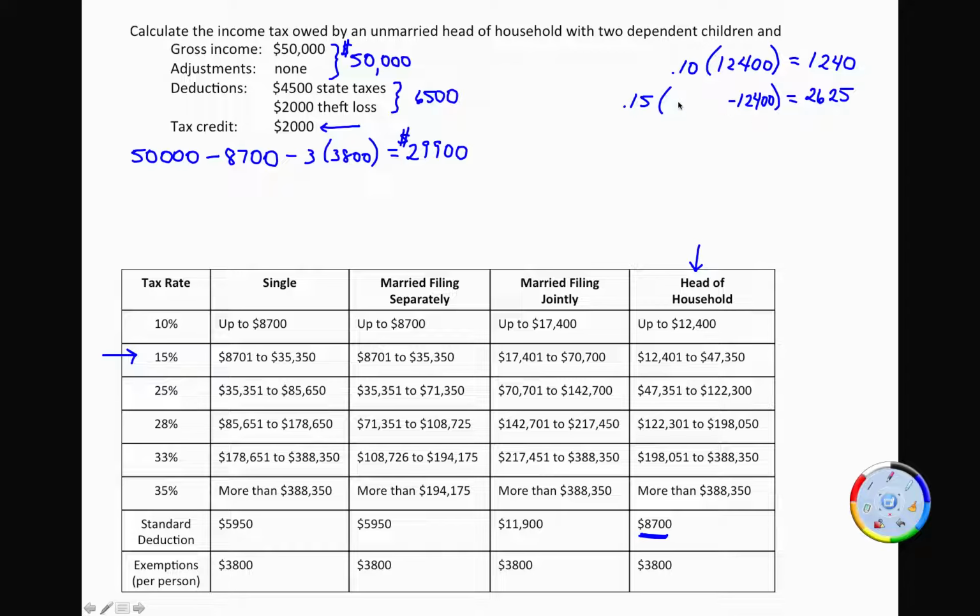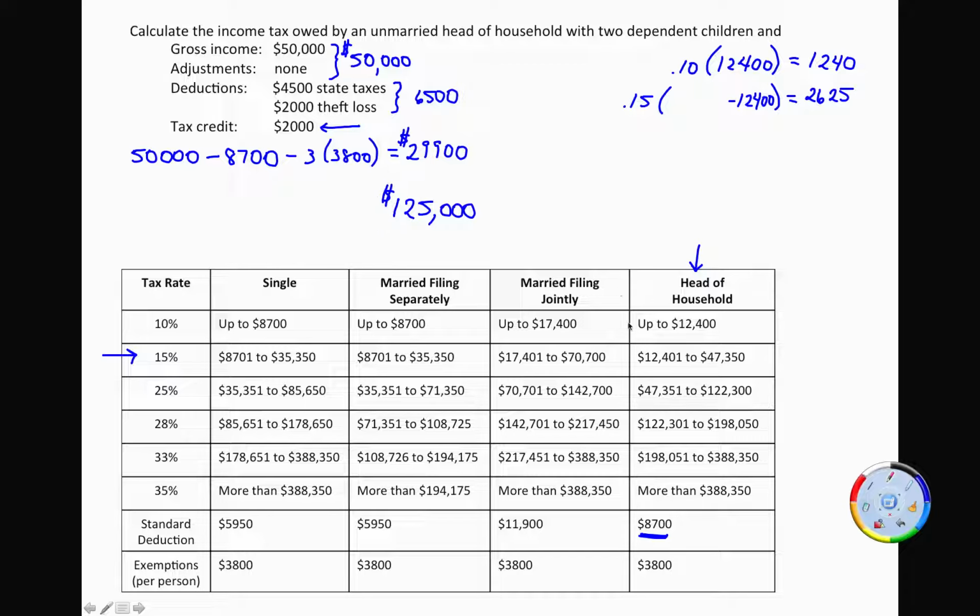All right. So let's suppose instead of $29,900, this person made $125,000 of taxable income.